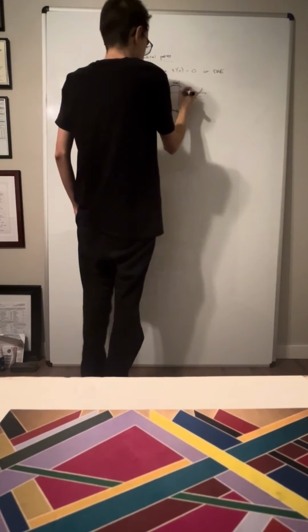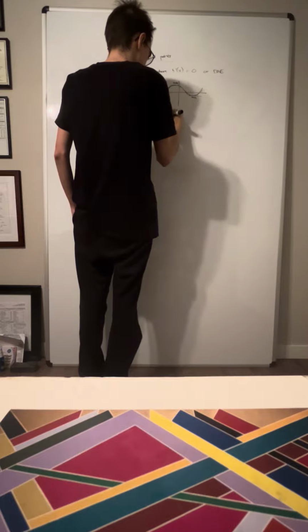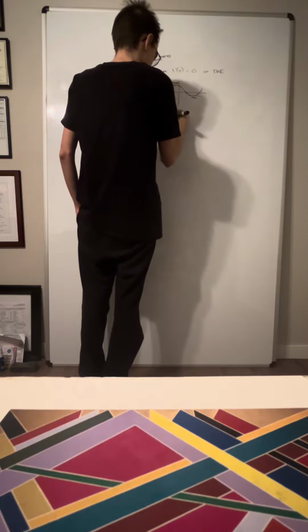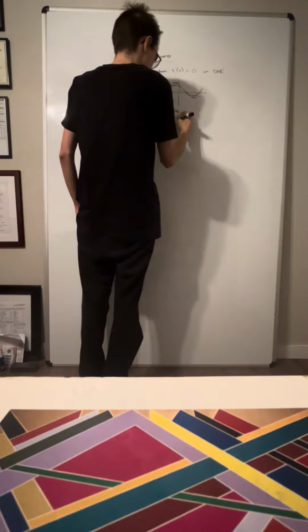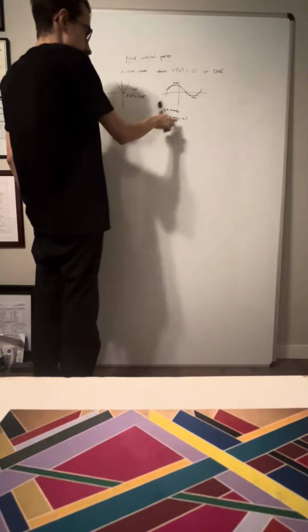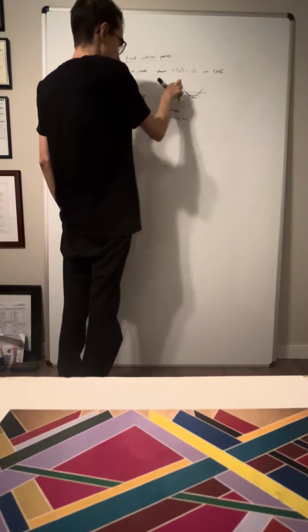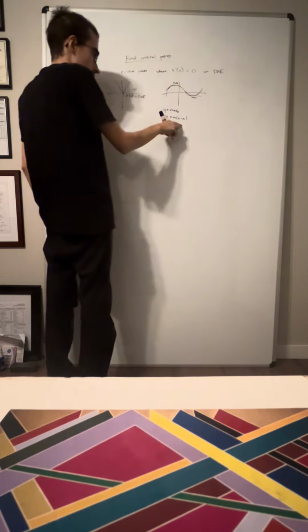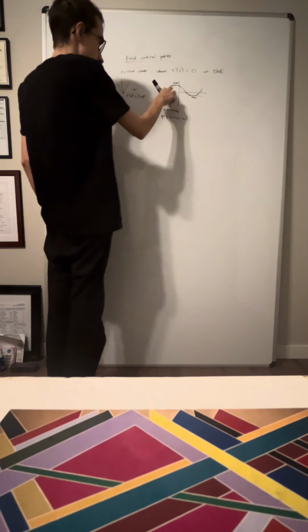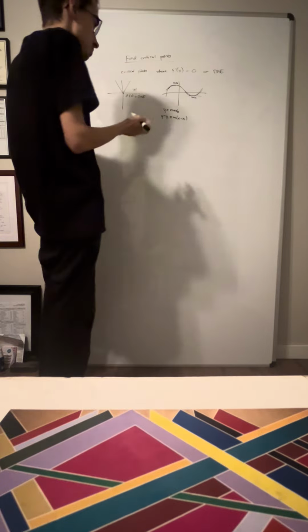So if we do point slope form, with y minus y1 equals m times x minus x1, then this is the way that we can figure out an equation for the tangent line if we know what the slope is and some point. How can we figure out what the slope is at some point?